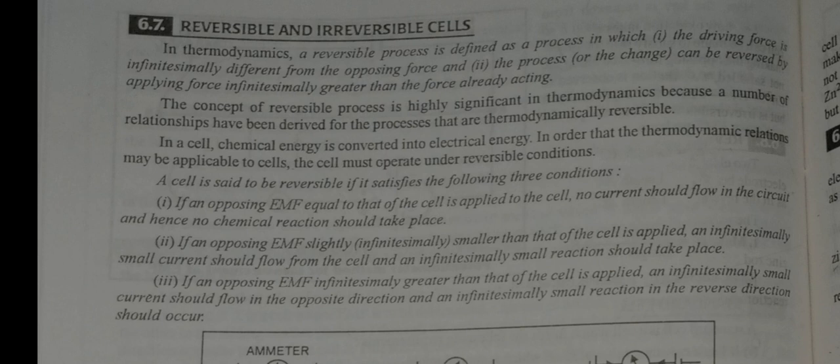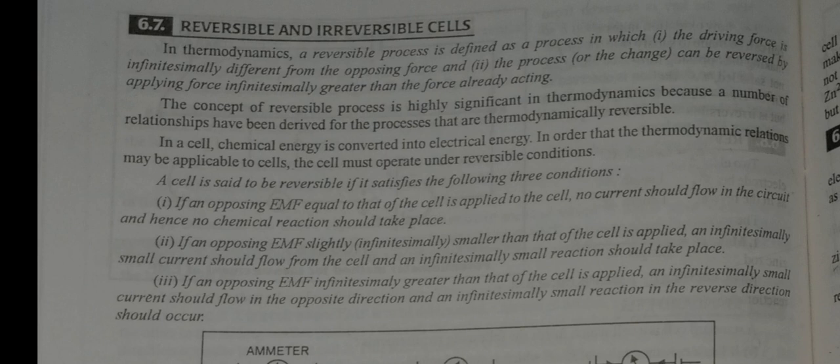A cell is said to be reversible if it satisfies the following three conditions. First, if an opposing EMF equal to that of the cell is applied to the cell, no current should flow in the circuit and hence no chemical reaction should take place. Second, if an opposing EMF slightly smaller than that of the cell is applied, an infinitesimally small current should flow from the cell and an infinitesimally small reaction should take place.